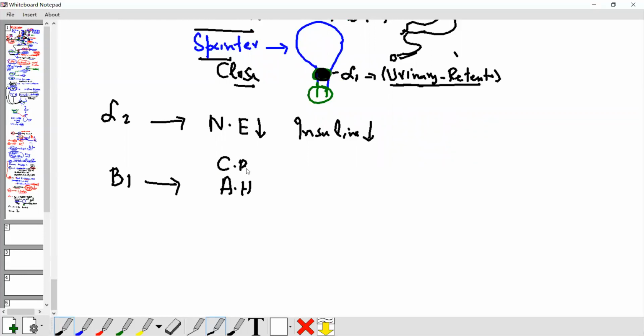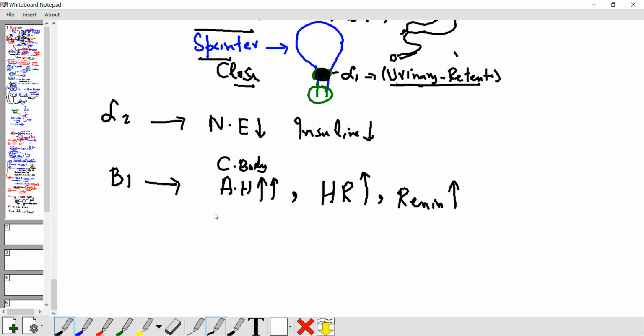The ciliary body produces aqueous humor. So aqueous humor, eye, one function. Beta 1 in the heart increases heart rate. Beta 1 in the kidney increases renin. Renin is for the RAS system, the renin angiotensin aldosterone system, to control blood pressure.